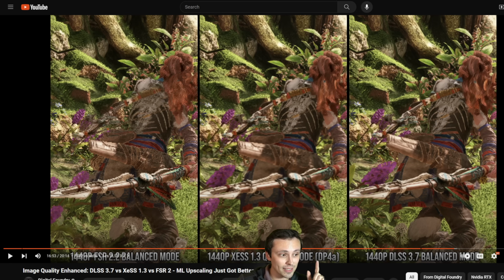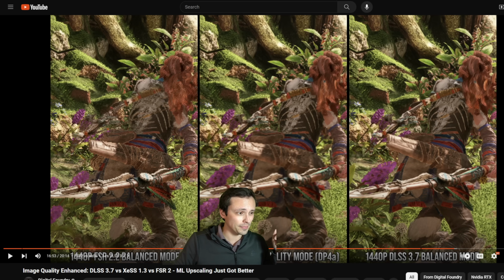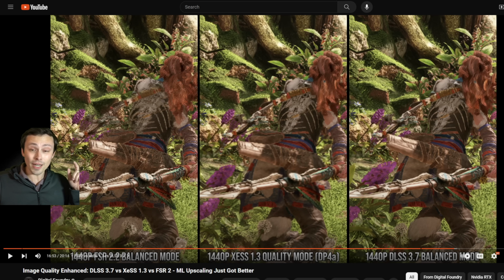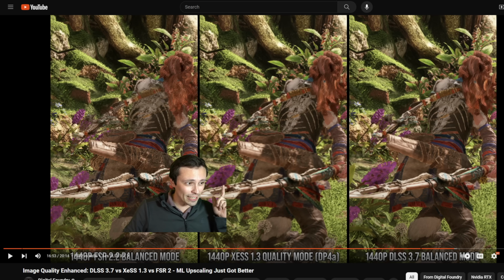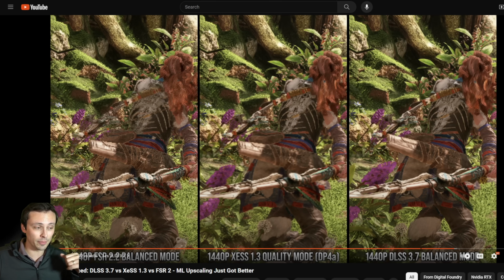So this is using the same internal resolution, but unfortunately is renamed in a confusing way, which is very frustrating. But I talked about that more in my last video. Anyway, I really want to see FSR 3.1 improve on how pixelated the motion can get in games like this.